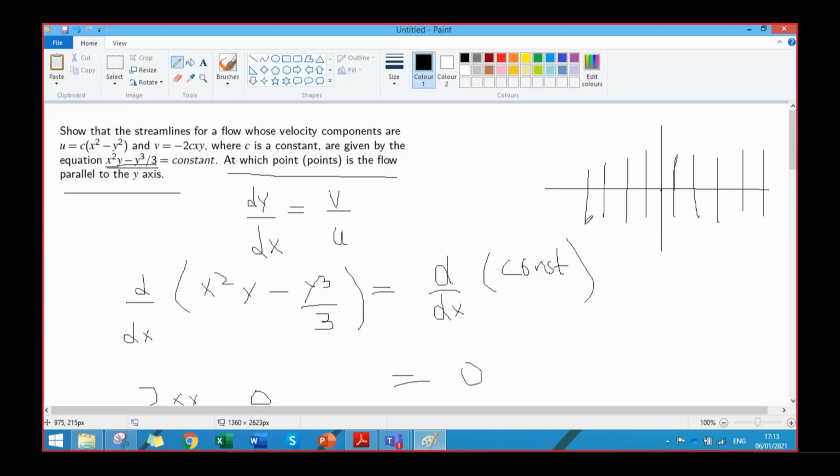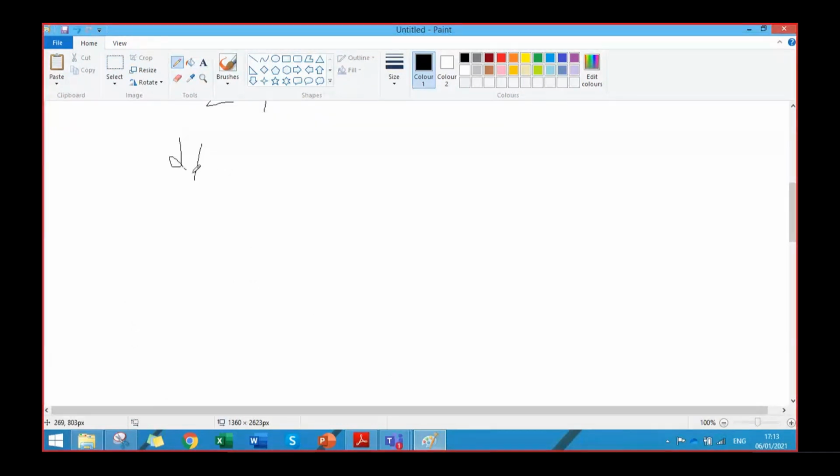So using this concept of dy by dx equals v by u, we calculate first the equation of the streamline, in order to prove that the velocity components given are actually the velocity components of this equation. The answer is already given to us.